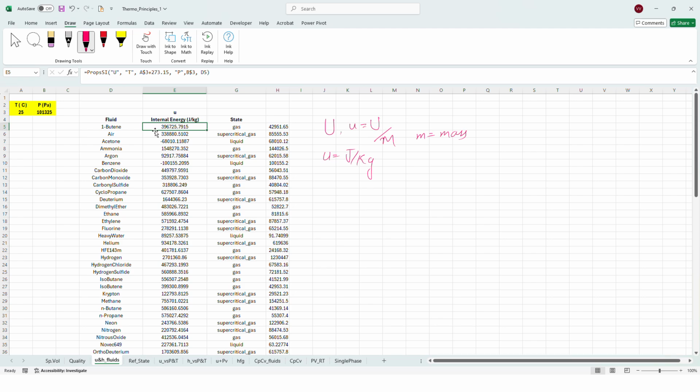Okay, so here, like I mentioned before, you could see a lot of values at 25 degrees C, a lot of internal energy values for different gases. All you're providing them is a temperature and a pressure, and typically the pressure shouldn't matter much. Let's double this pressure and see how that changes.